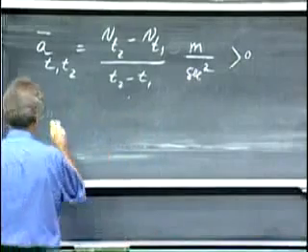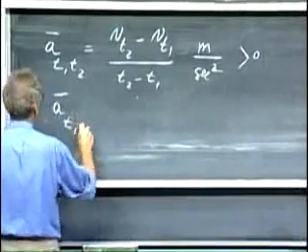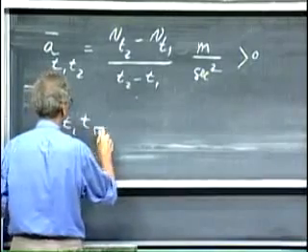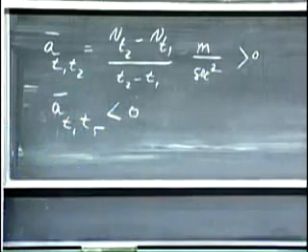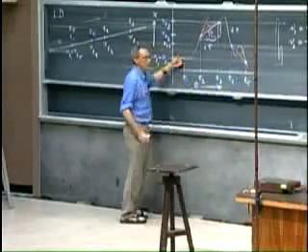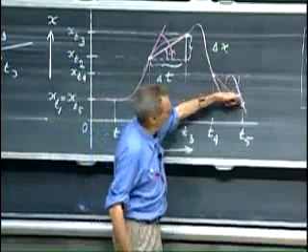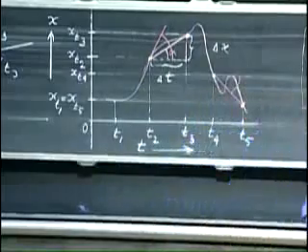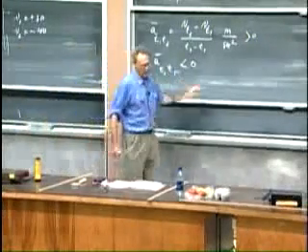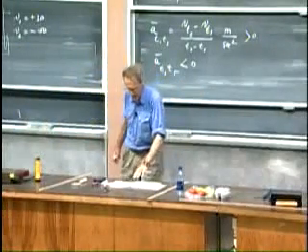However, if you take the average acceleration between t1 and t5, that is smaller than 0. Because here, the velocity is 0. But here, the velocity is negative. So if you substitute that in there, you get an average acceleration which is smaller than 0.